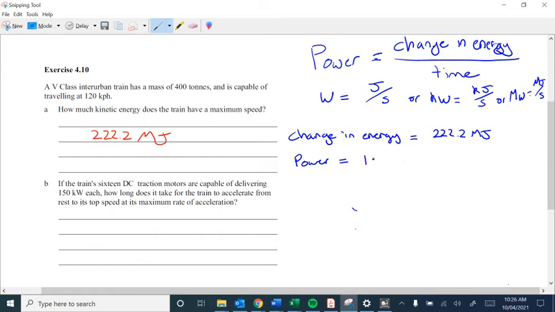So 16 times 150 kilowatts, which again, you'll have to trust my calculator, equals 2,400 kilowatts. To keep joules and watts consistent, I'm going to convert that to megawatts: 2.4 megawatts. Then we're all good to plug these values in.